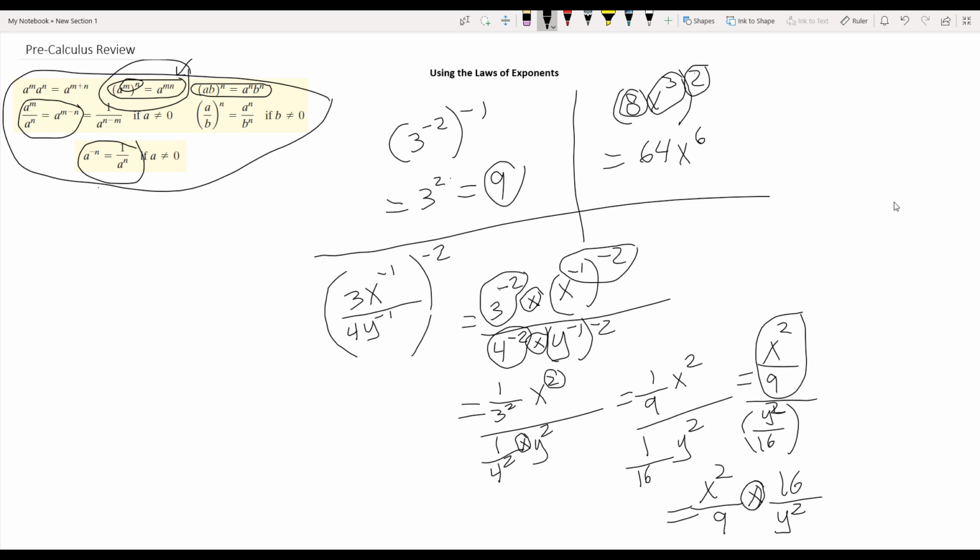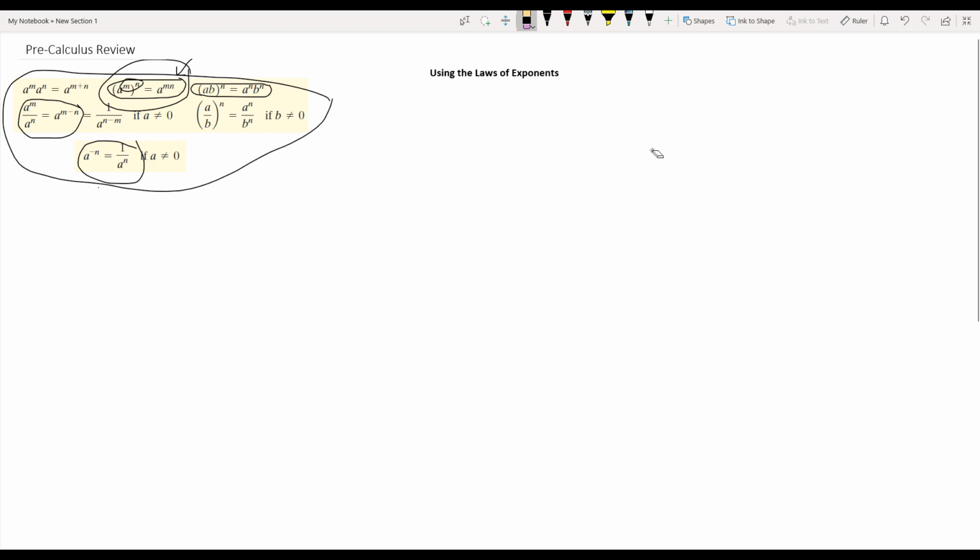So what is the solution? Well, it will be 16x squared over 9y squared. Boom, there you go.